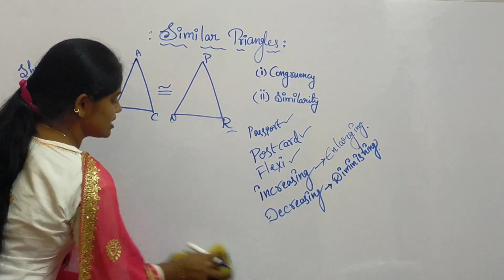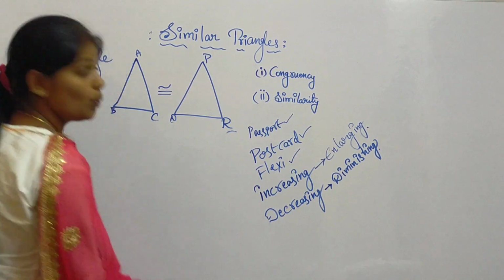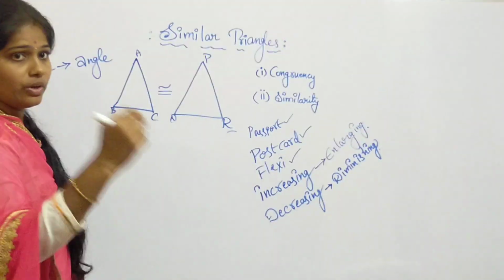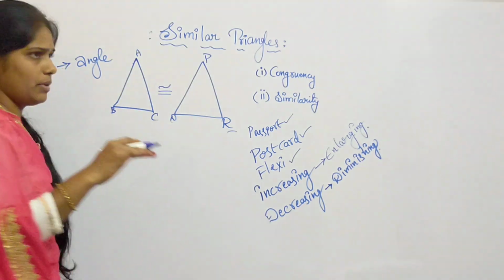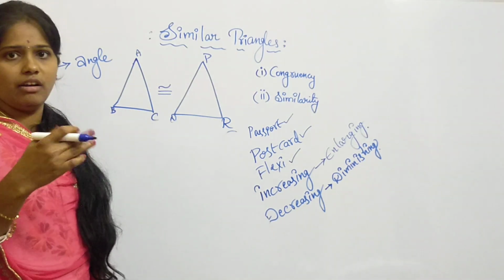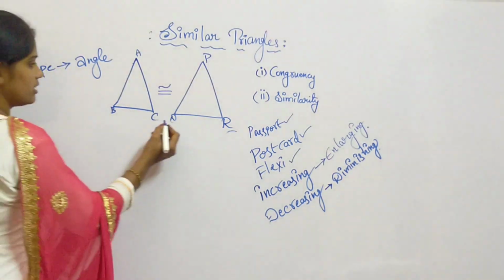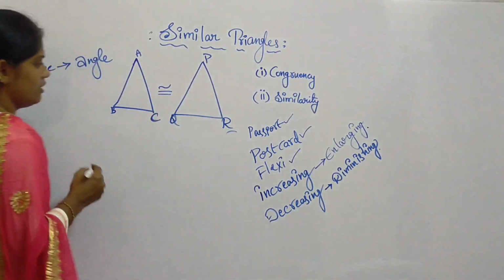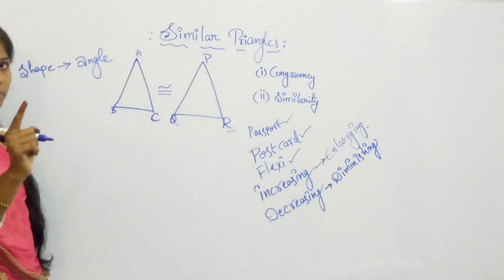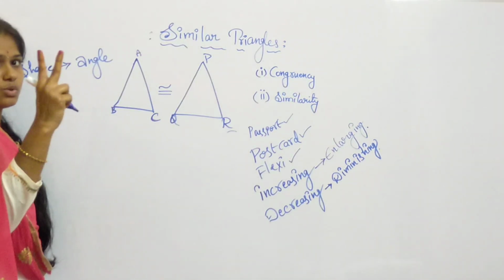Two triangles are said to be similar when there exist two conditions. Not only triangles, any polygon you take, it may be a rectangle or a square, whatever polygon you have taken, you have to remember two conditions.